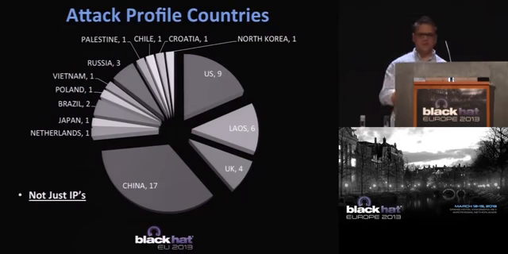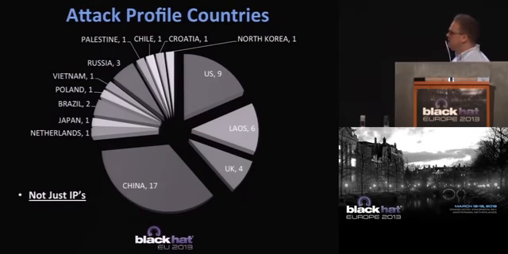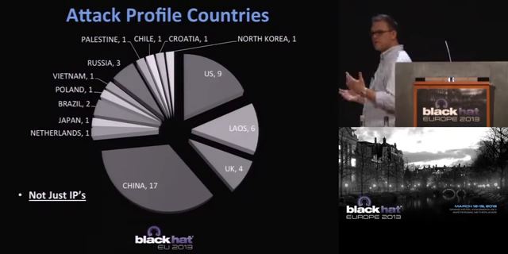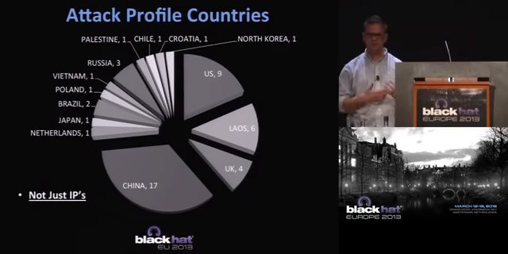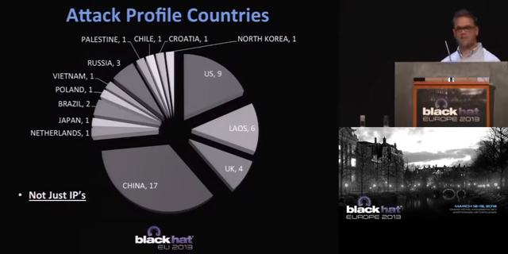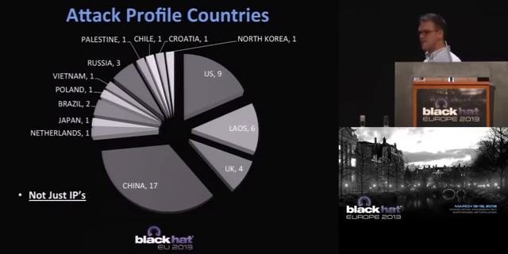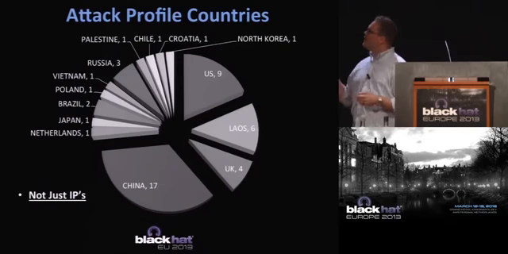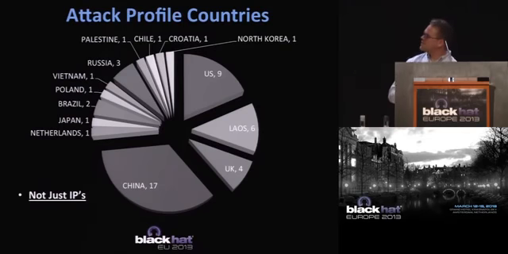A couple other interesting ones is North Korea. For those of you that may be familiar, there's been some recent political things stirring up with North Korea, and I started to see an attack pretty quickly thereafter against this honeypot system. And then there was some other smattering of attacks throughout the world.